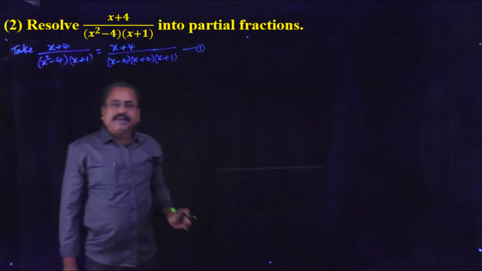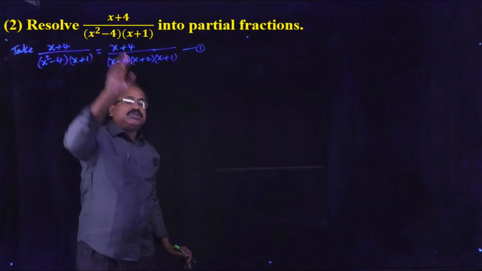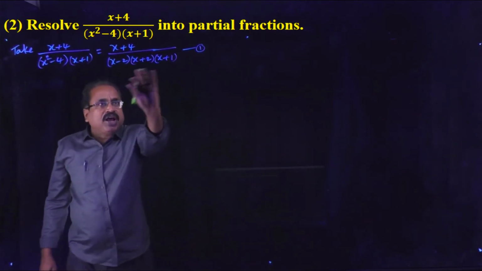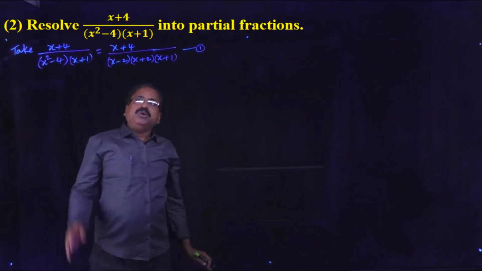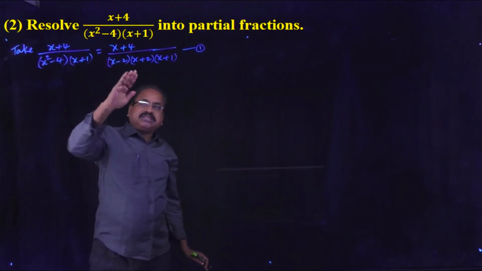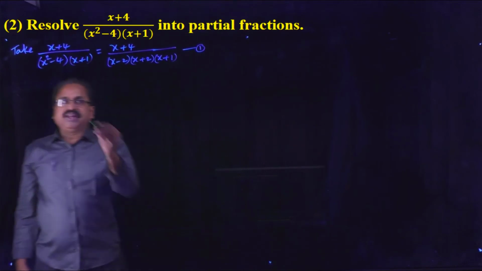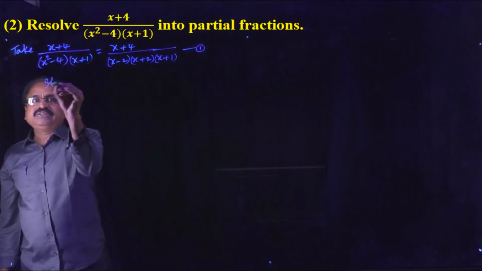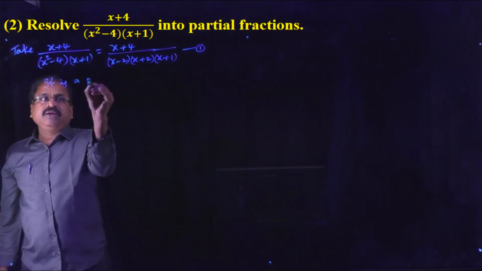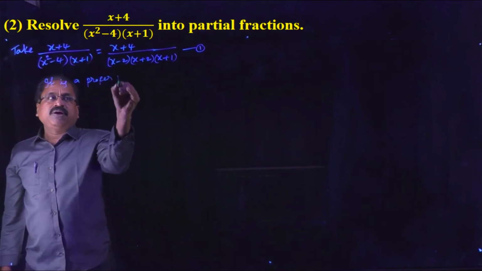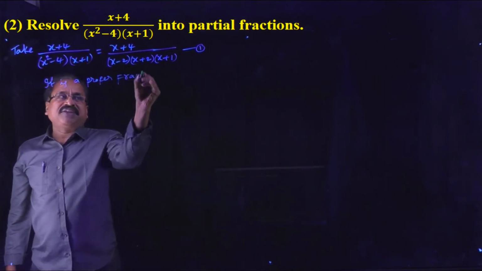Here also, the degree of numerator is 1 and the degree of denominator is 3. So, the degree of numerator is less than the degree of denominator. So, it is a proper fraction.